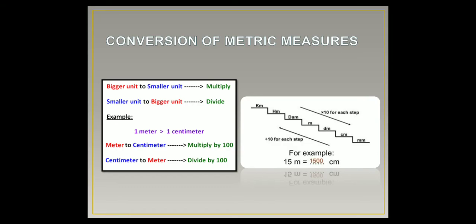After meter I have one 10, then I have another 10 till centimeter. So 10 into 10 is 100. Now multiply: 15 into 100 is 1500. Clear? So this is how you convert from one metric measure to another.